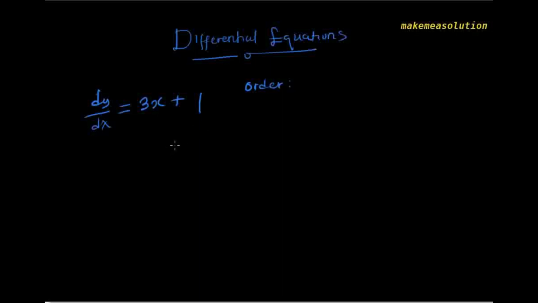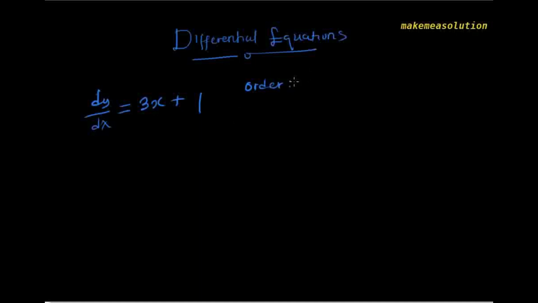The order of a differential equation is actually the highest derivative present in that differential equation. Take note of the word highest derivative. I'm going to repeat that again, highest derivative present in that differential equation. So for this particular differential equation, the order is first order.